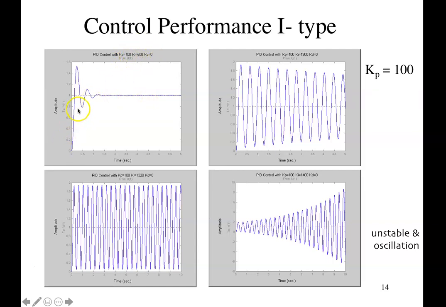Now you can see there, in steady state, it goes to 1. So there's no steady state error anymore. This is the main reason why people use integral gain. It has an effect to try and eliminate, not reduce, eliminate the steady state error.